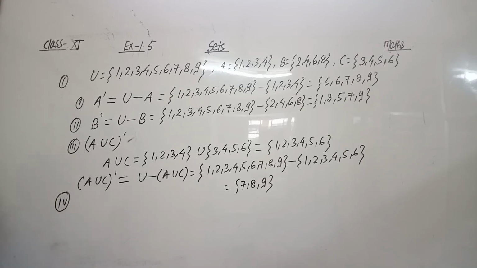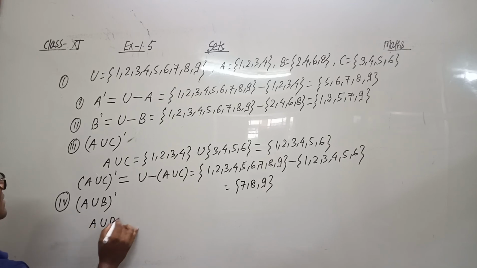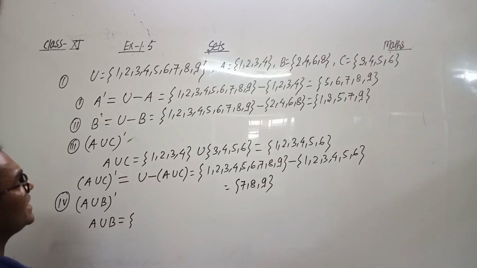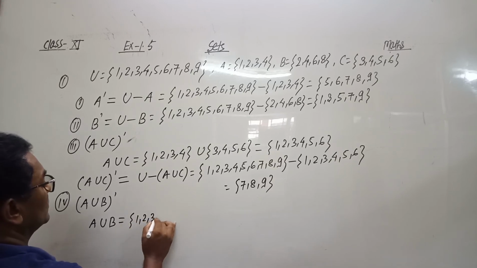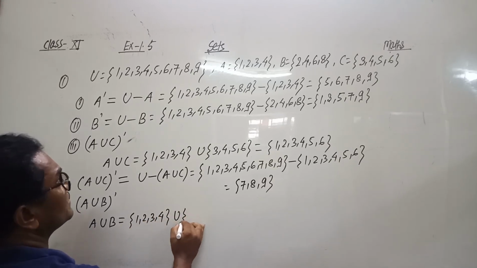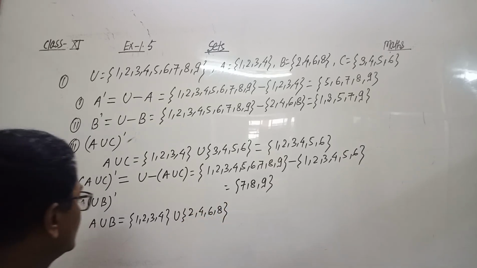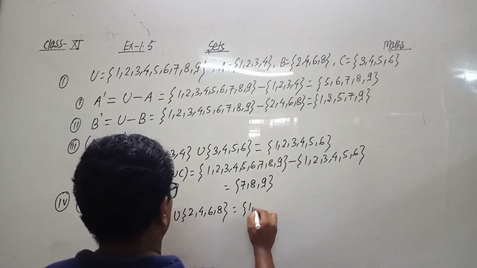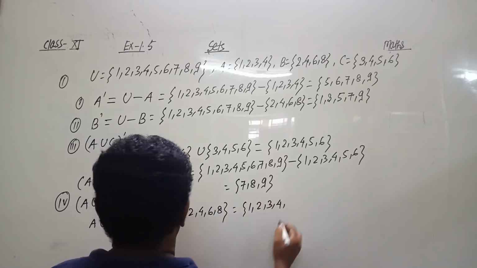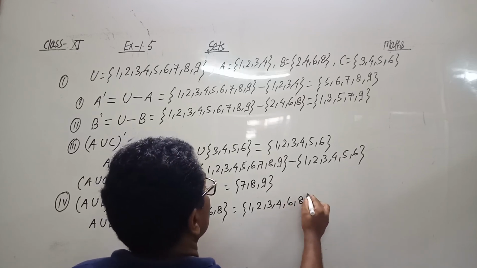Now part 4. A union B dash. So we calculate first A union B. So set A is 1, 2, 3, 4. Union set B is 2, 4, 6, 8. And combine both the sets, we get 1, 2, 3, 4, 6 and 8.